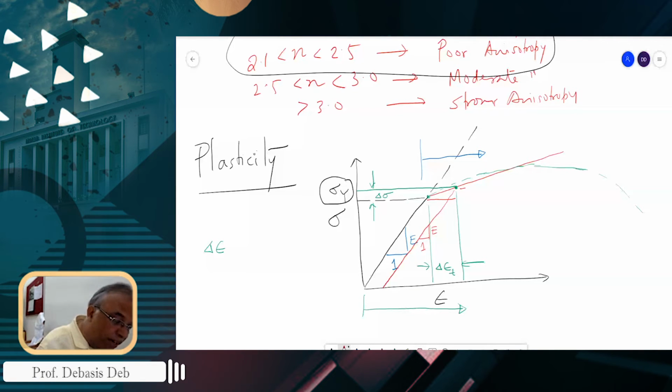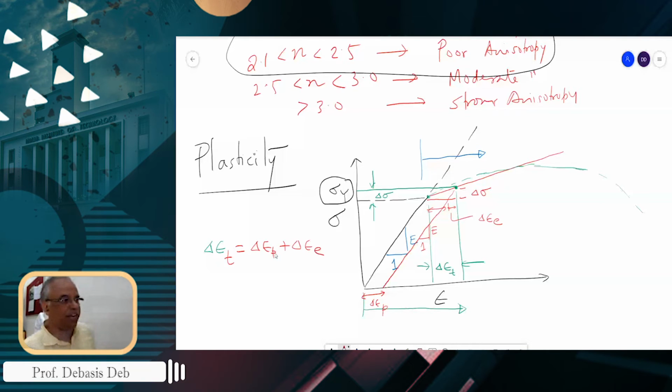Now this has two parts, one is here to here and another is here. This part we call delta epsilon P, and this small part we call delta epsilon E. That means I can write delta epsilon T equals delta epsilon P plus delta epsilon E. Right? Everybody agree with me?